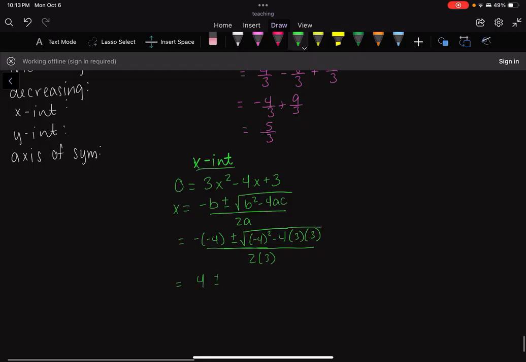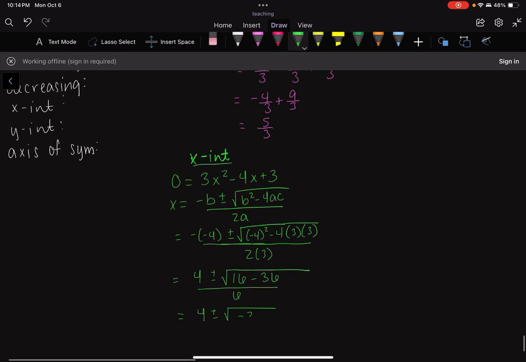Positive 4 plus or minus, I get 16 minus 12 times 3, which is 36, divided by 6. All right, this is giving me an imaginary value, which is fine.